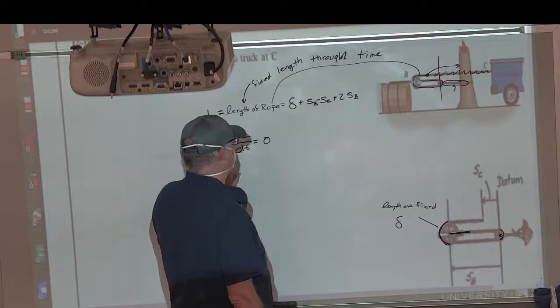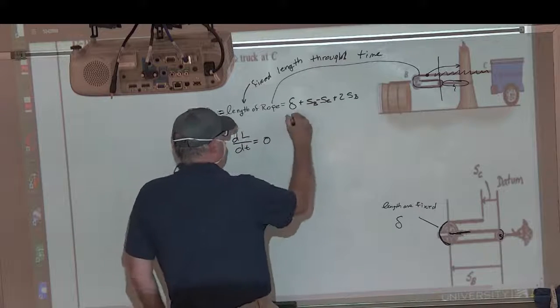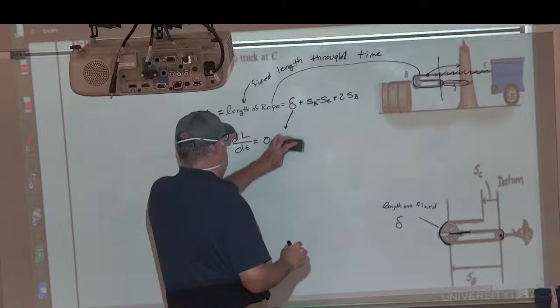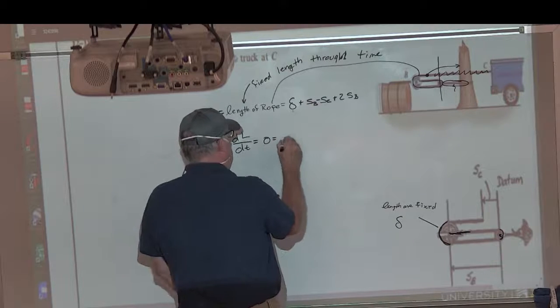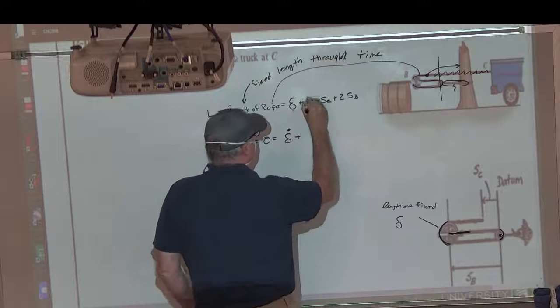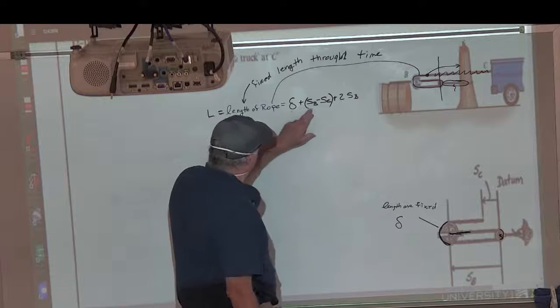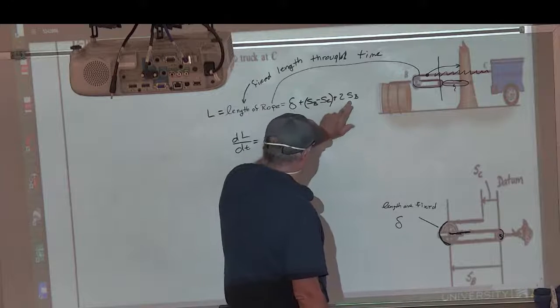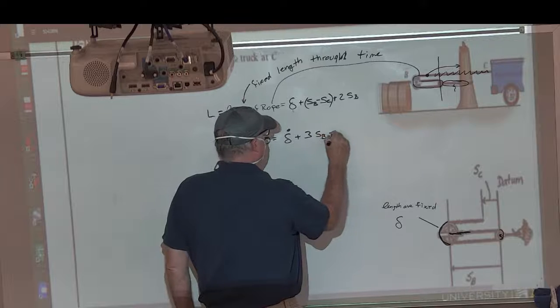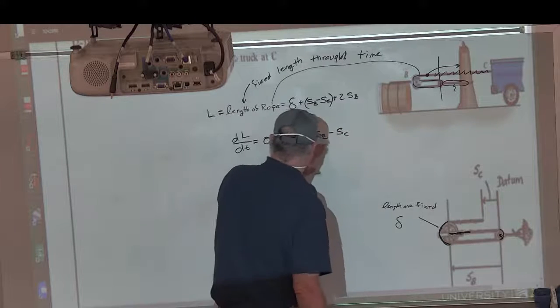So dL/dt is 0. This part equals to, let's do this. Then we'll do, I got a B, I got 2B, that gives me 3 B's, minus SC.